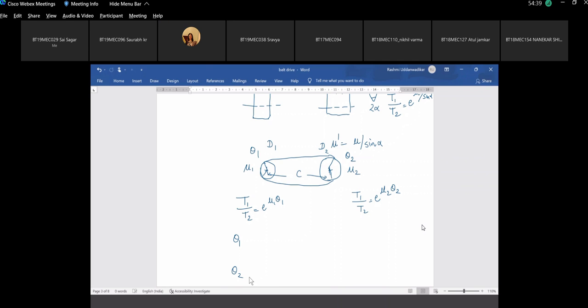I hope this is already derived in theory of machines 1.